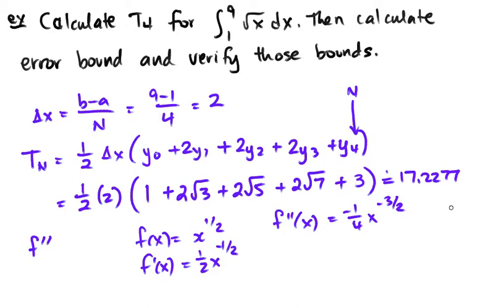So it exists, and if you take the absolute value of that, we need to find some k value, or k sub 2 value, on the interval 1, 9, that is the largest value that this becomes. So let's take a look at that.